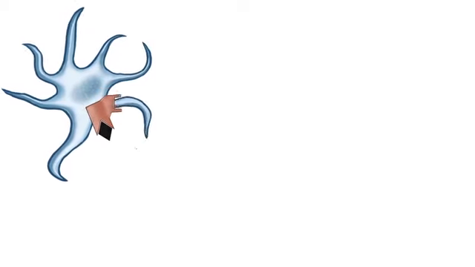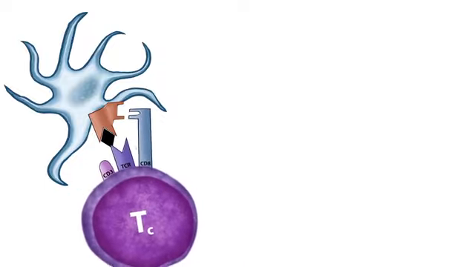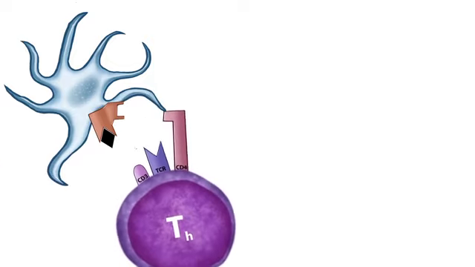The way this works is after the antigen-presenting cell phagocytoses that pathogen and digests it, it puts a piece of the antigen on the surface attached to the MHC2 molecule. Then, that antigen-presenting cell can start presenting this antigen to every T cell it meets, looking for one with matching T cell receptors.